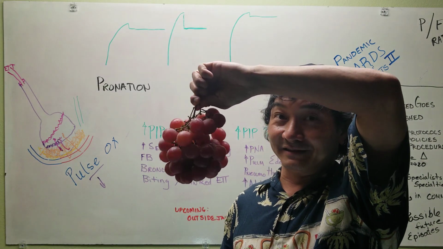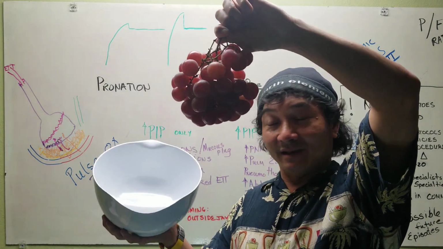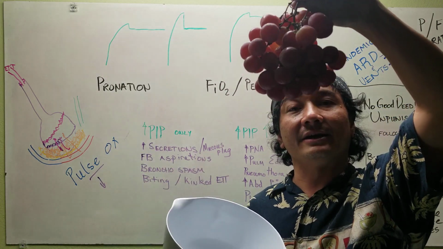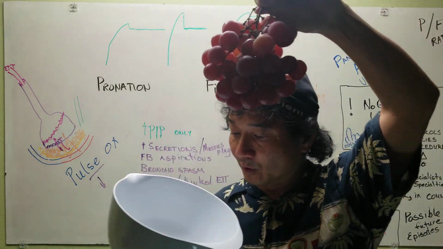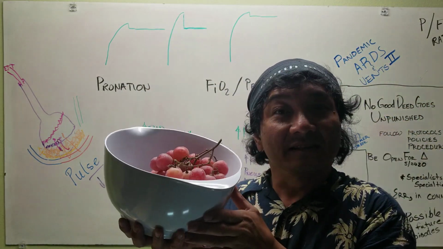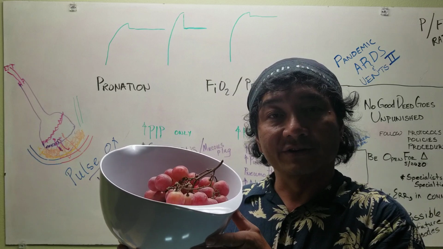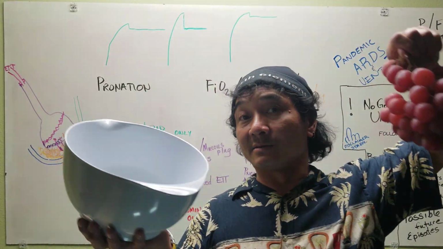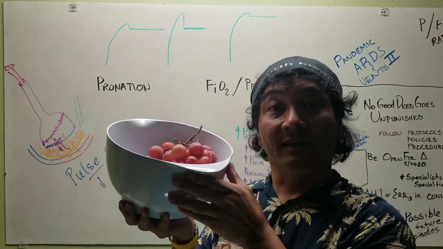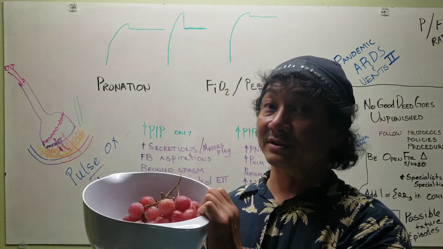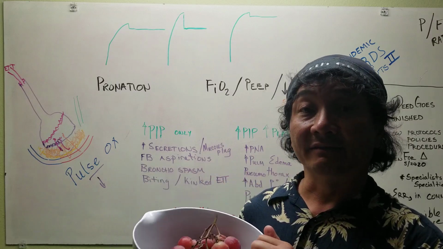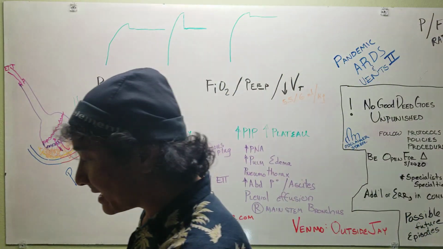Here's my alveolus, and if you think about this bowl having a small layer of water in it, then dipping my alveolus in that small area of water doesn't really do much. However, if this bowl is full of water and I dip my alveolus in it, then there's not going to be a lot of gas exchange happening between my alveolus and my capillaries.